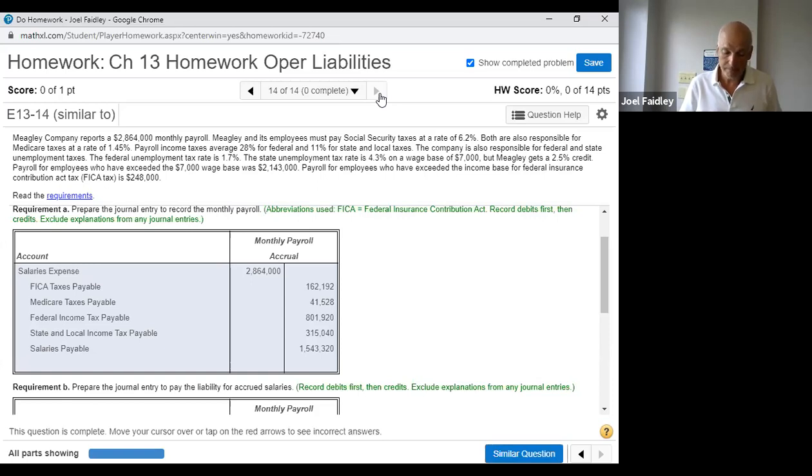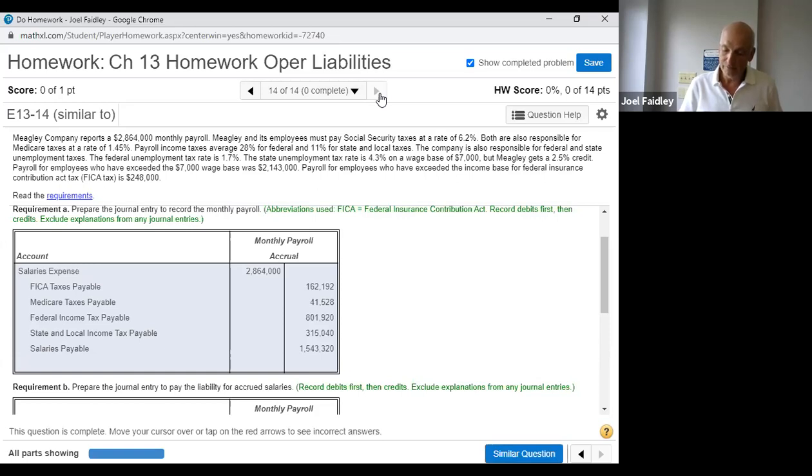Yep. Payroll for employees that exceeded 7,000 is 2,143,000. So that's the base for those federal, right? 1.7. You don't have to do a calculation on this one like you did the others. 1.7 times that is going to be your federal. And then 4.3 minus 2.5 is 1.8 times 2,143,000 will give you your state unemployment.